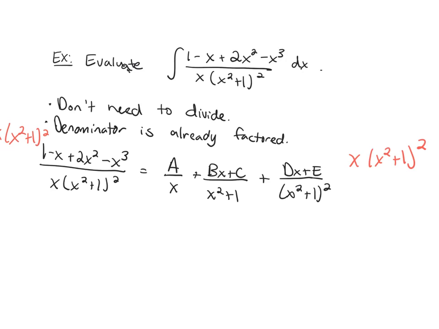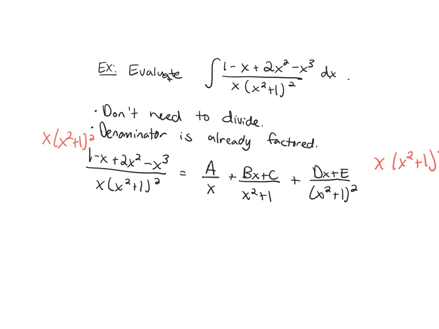So when I multiply on the left, it's going to cancel my denominator, so I get 1 minus x plus 2x squared minus x cubed. Now let's focus on the right-hand side. The first term, what's going to cancel? The x, okay?